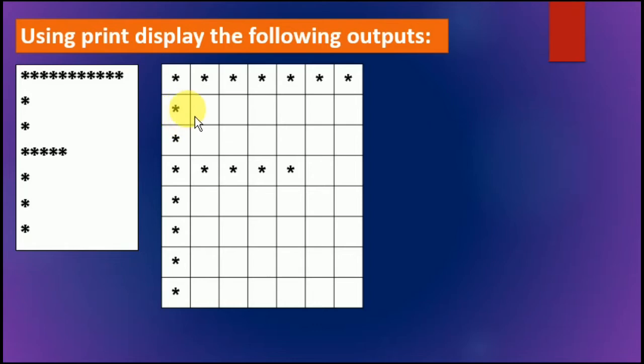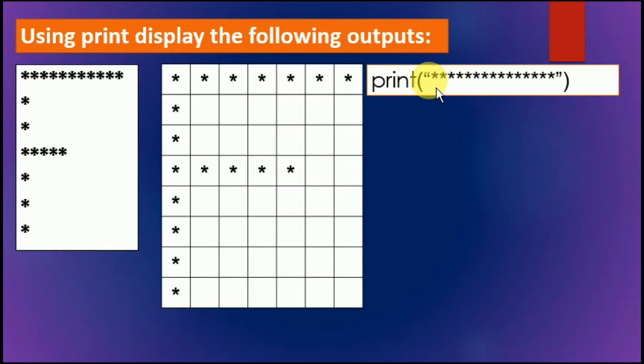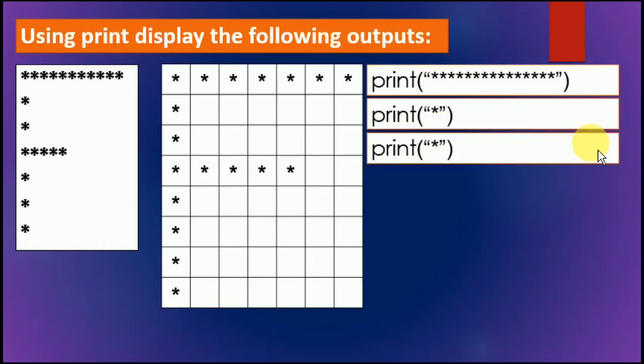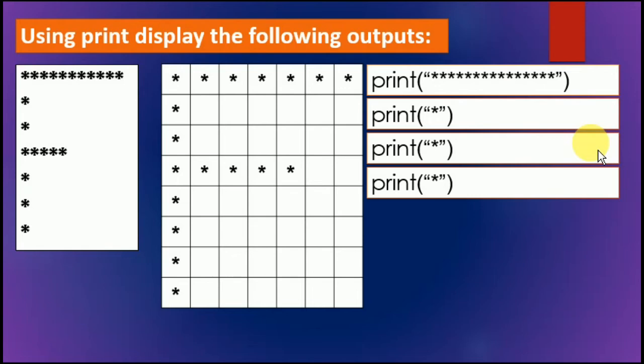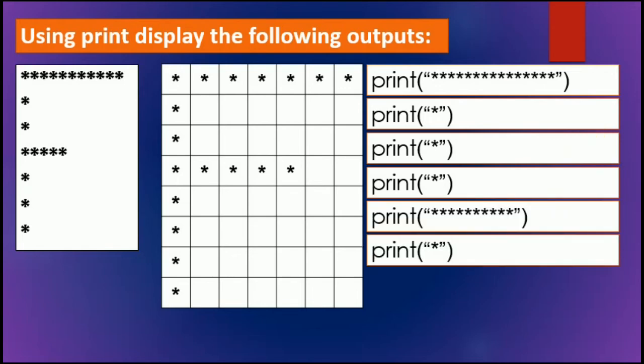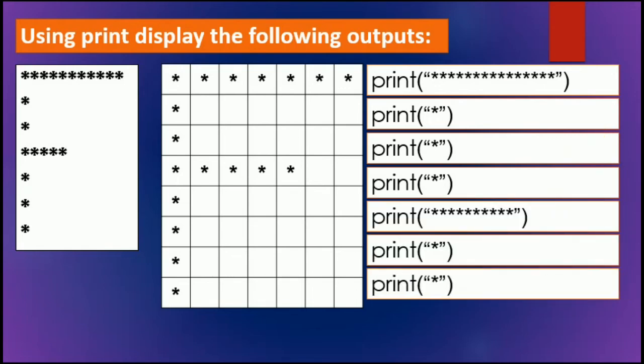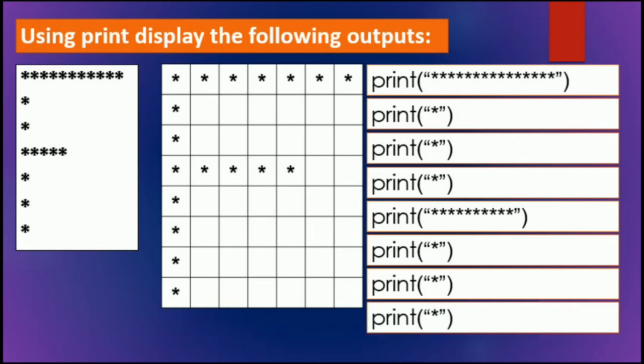Then the next line only 1 star, then the next again 1, then the next line is going to be 1 2 3 4 5 stars, and then in the next line a single star. So now place the same lines inside a print. The first line print, second single, third single, then again the star signs, then again single, and then again single. So it will create the F for you like this.